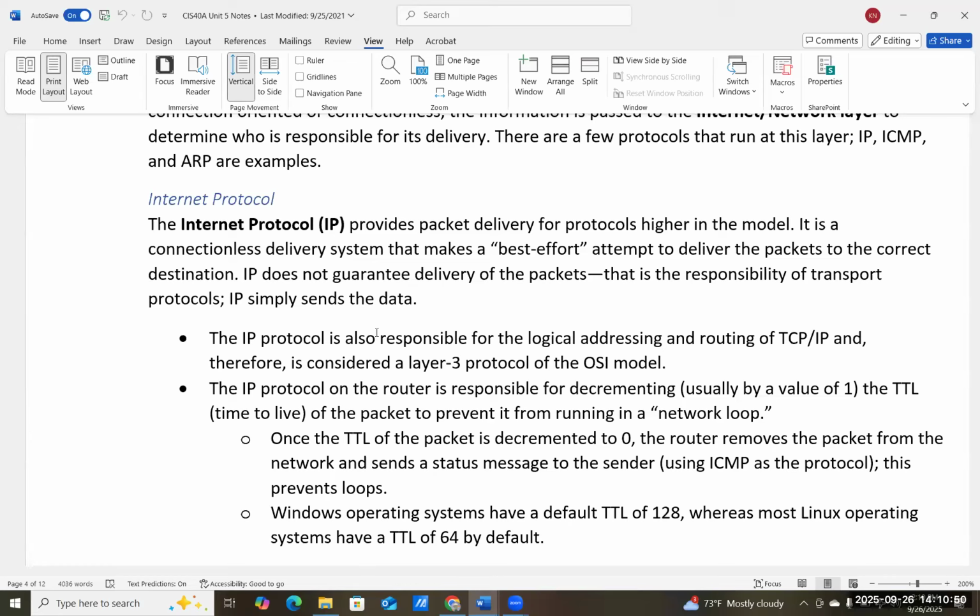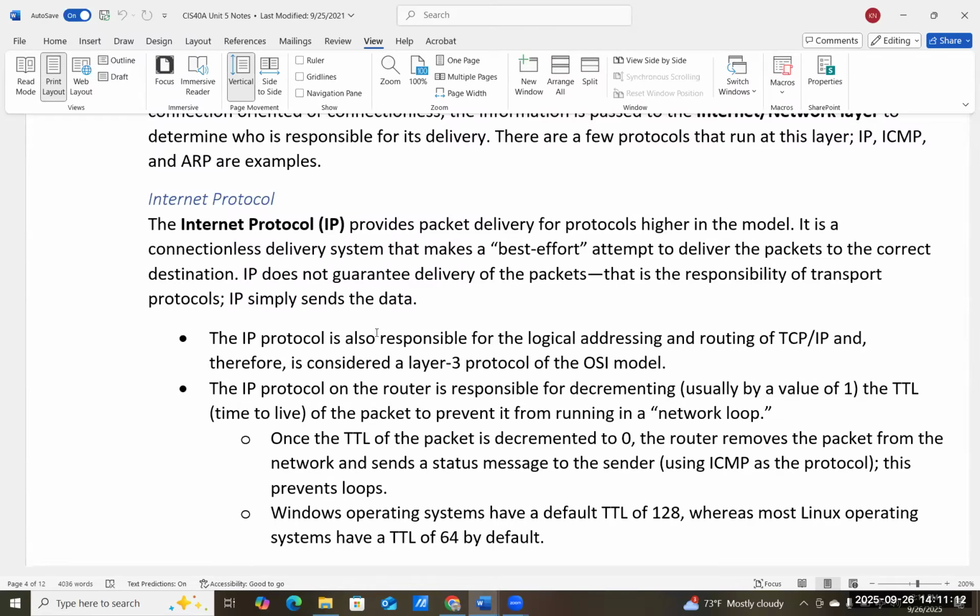The router is going to remove that packet, and it sends the status back using ICMP, which is like a ping-based type of service. That's how it's checking to see if the packet actually gets to the right IP address, right?